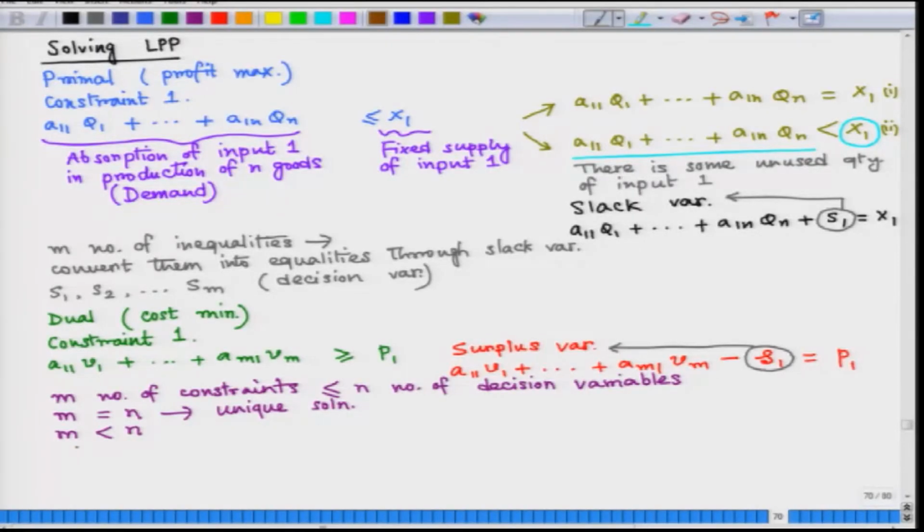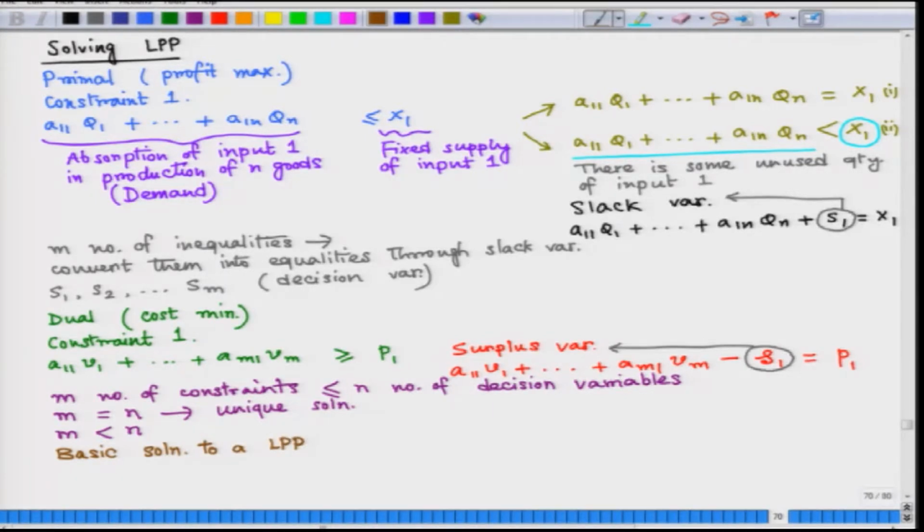So, let us first define what is a basic solution to a LPP. Okay.